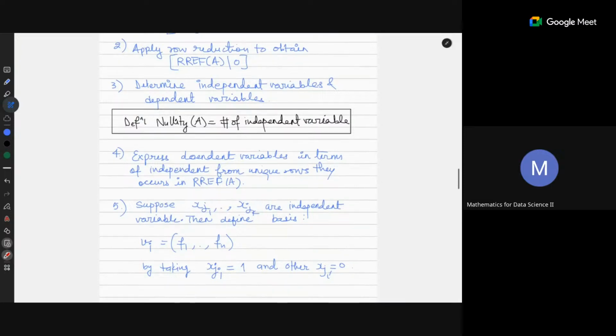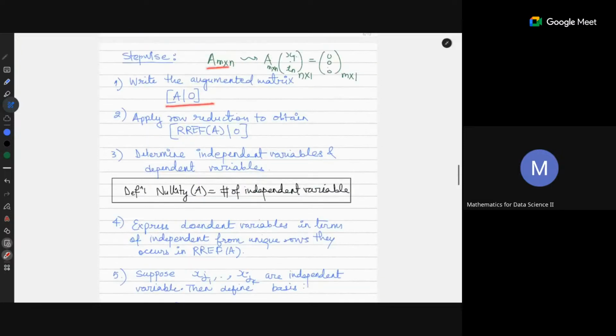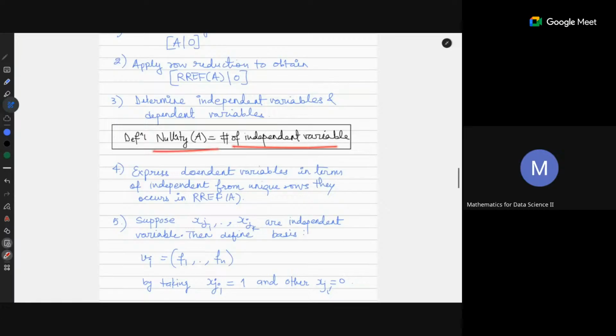So till this point, we have seen that we started with a matrix. We obtained the augmented matrix. We solved this and obtained the RREF form. We determined the independent variables and dependent variables. The number of independent variables is called the nullity. Now you can express the dependent variables in terms of independent variables. We also did that.